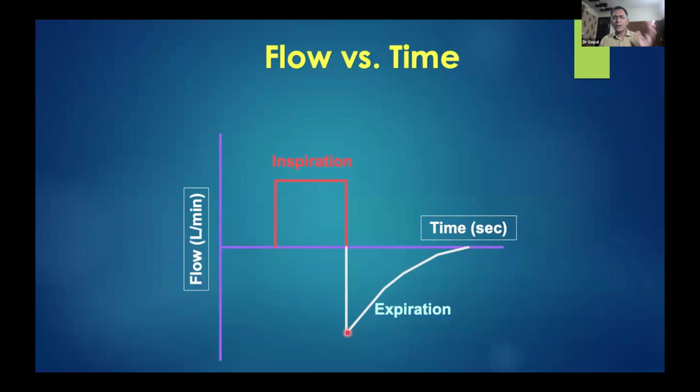So you have to see the curve or loop which you are seeing. In flow, it will be the peak inspiratory flow rate and peak expiratory flow rate. In the volume graphic, it will be the tidal volume. In the pressure graphic, it will be PIP and PEEP. And on the x-axis, always it will be time.